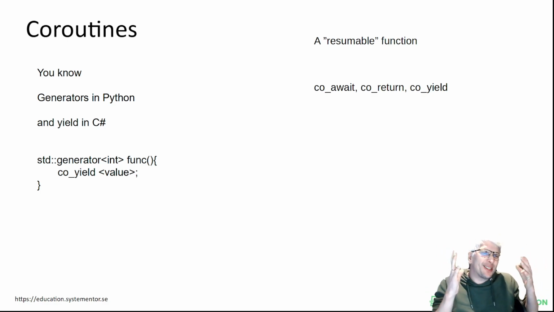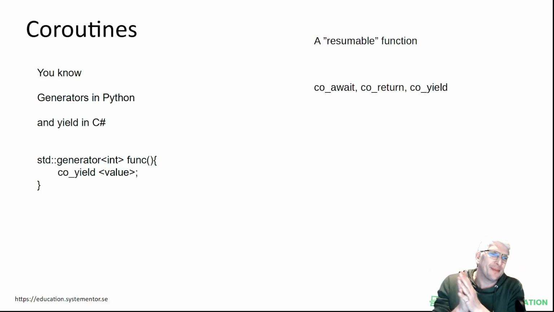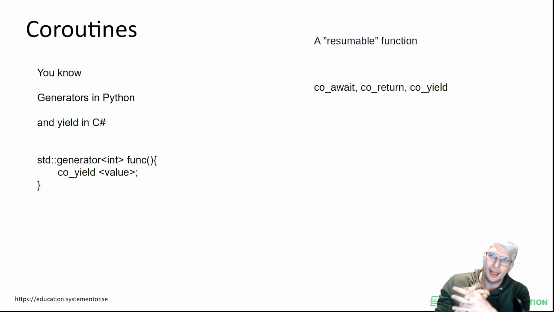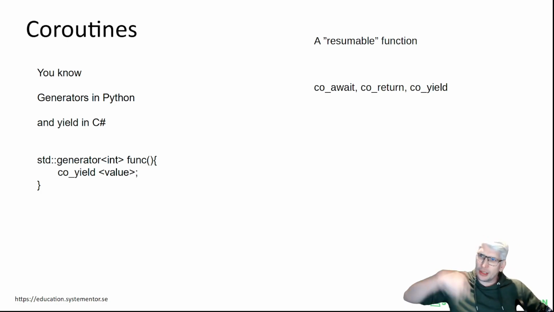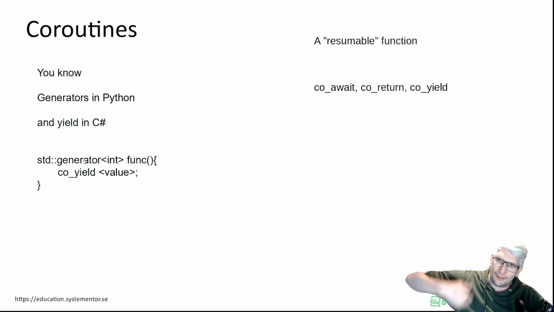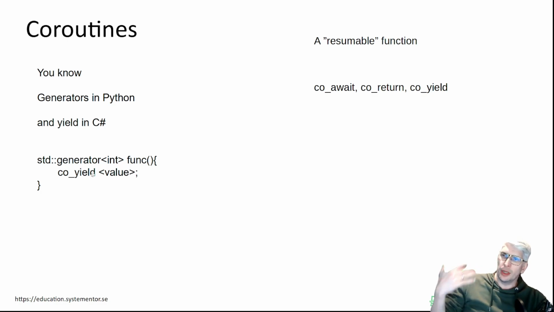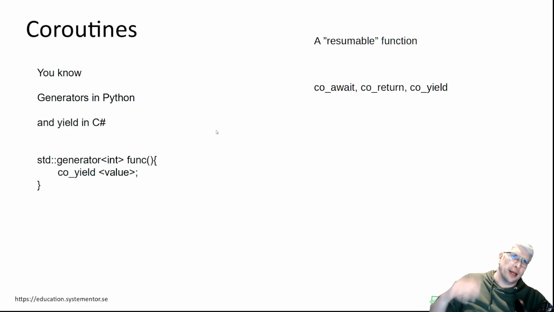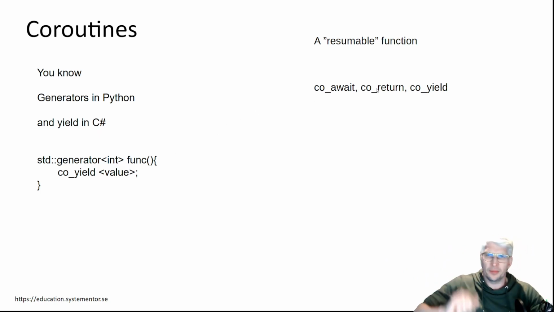Should we really need to return a new std::vector containing the filtered items? It would be much better to just return one at a time, and that's coroutines. It's a lot more than that, but for now, we could yield one value at a time in a loop. There are also await and co_return, and never mind.